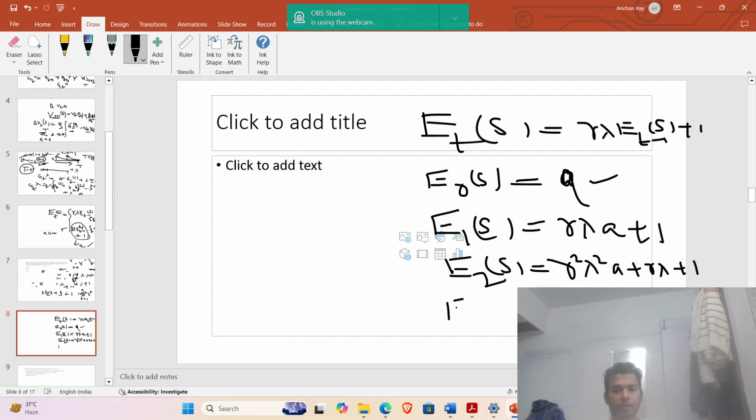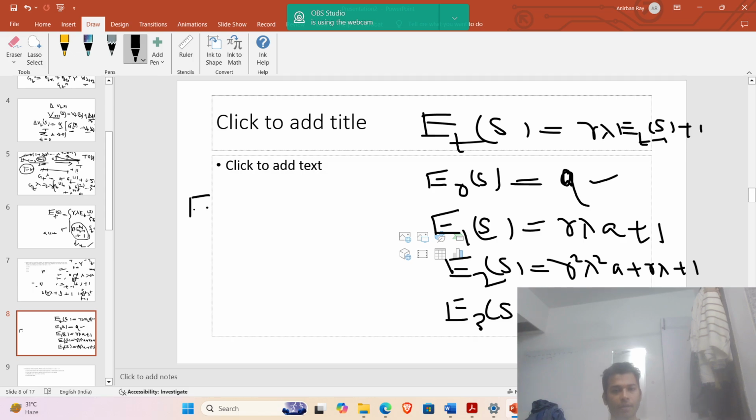Next, E3(s), what does that become? You put that there, so it becomes gamma cube lambda cube A and so on.